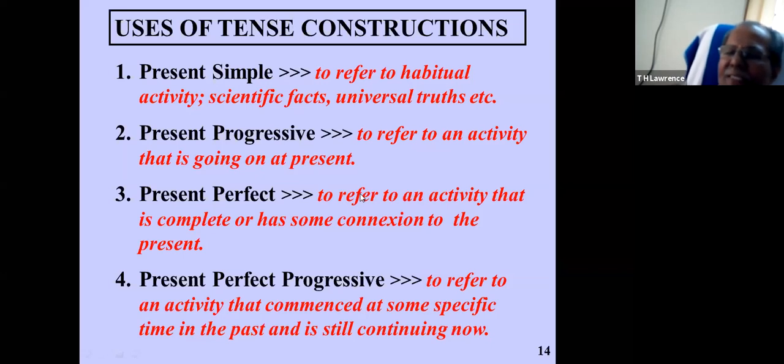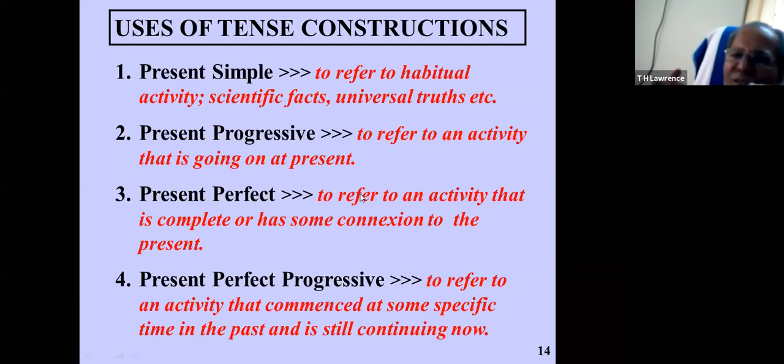Let's now take, we started this webinar at 10 o'clock. Okay. Now it's still going on. And it will go on for some more time, you know that. So, how do you say? The webinar has been going on since 10 a.m. See, has been going on. There you are using present perfect progressive, right?